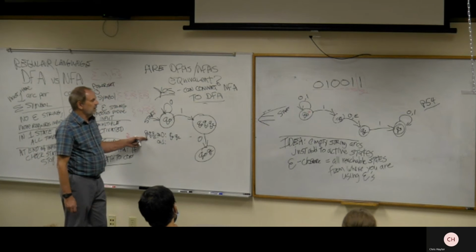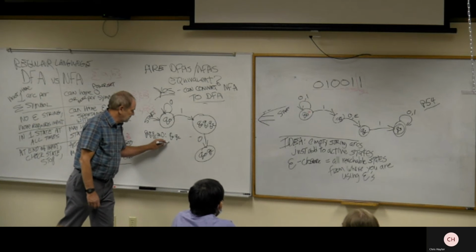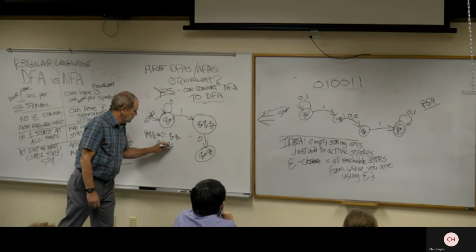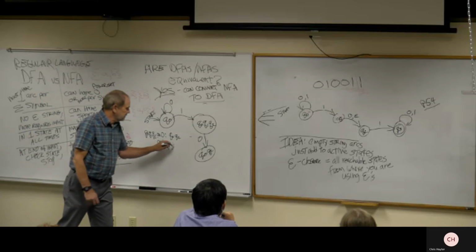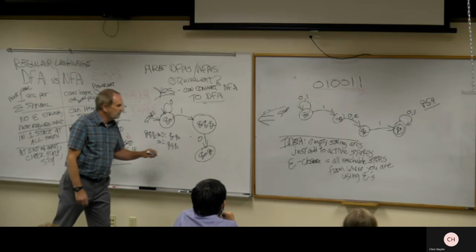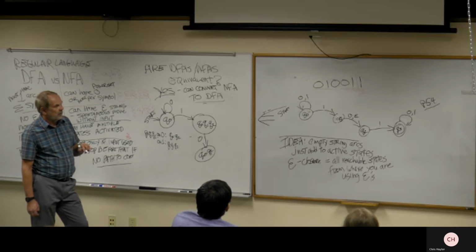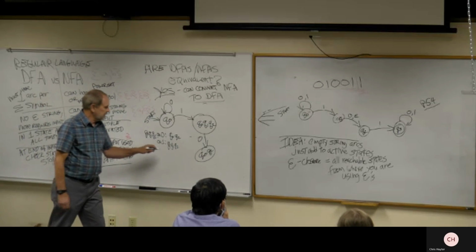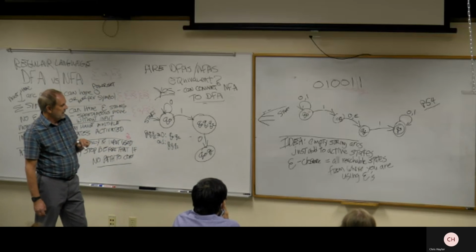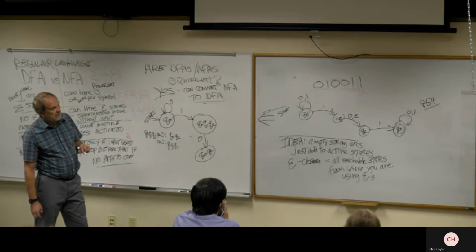Q0 on a 1 gets Q0, Q1. But then with the epsilon, it also gets me Q2. Q1 on a 1 doesn't add anything, but the epsilon gets me Q2.